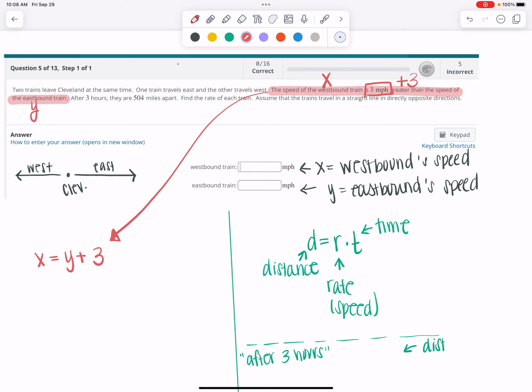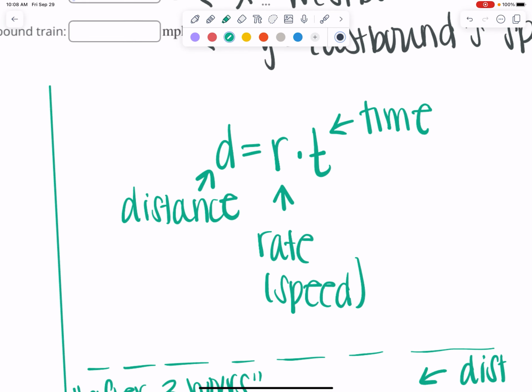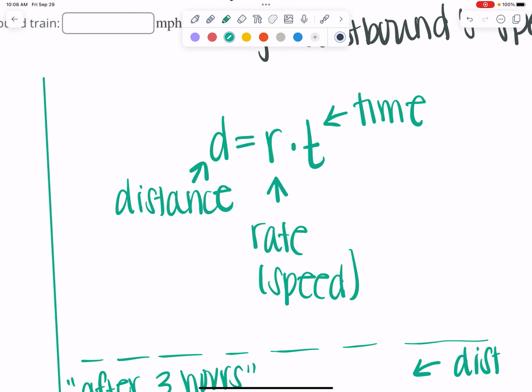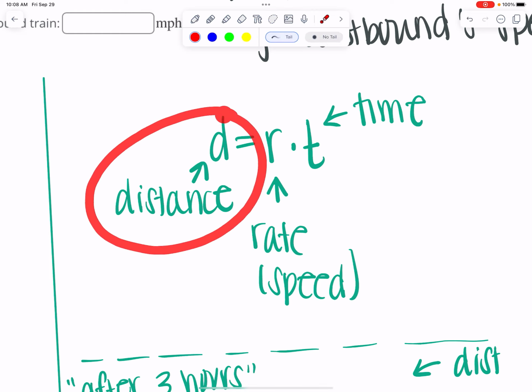The second sentence is where my second equation is going to come from. After 3 hours, they are 504 miles apart. Now, we have to use this equation, distance equals rate times time. The reason I need that is because I can relate these two with this distance of 504 miles.